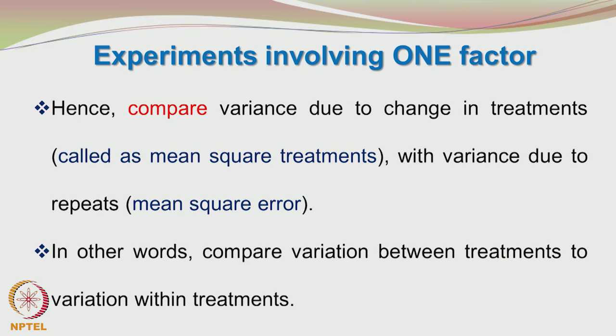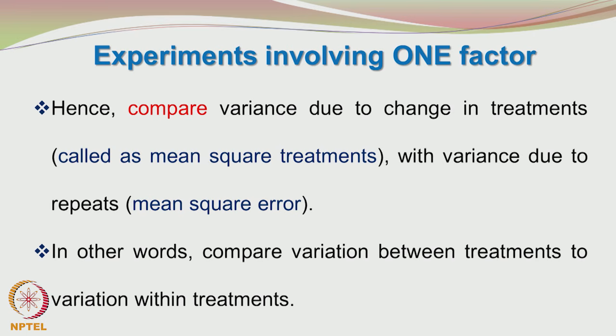So now let us get into simple experiments. These are very scarce, but this is a very good basis for illustrating some key concepts. Here we are looking at experiments involving only one factor. We compare the variance due to change in treatments with the variance due to repeats.